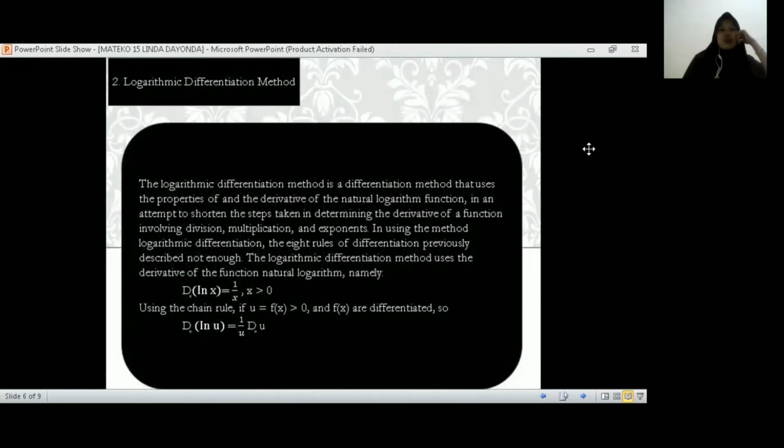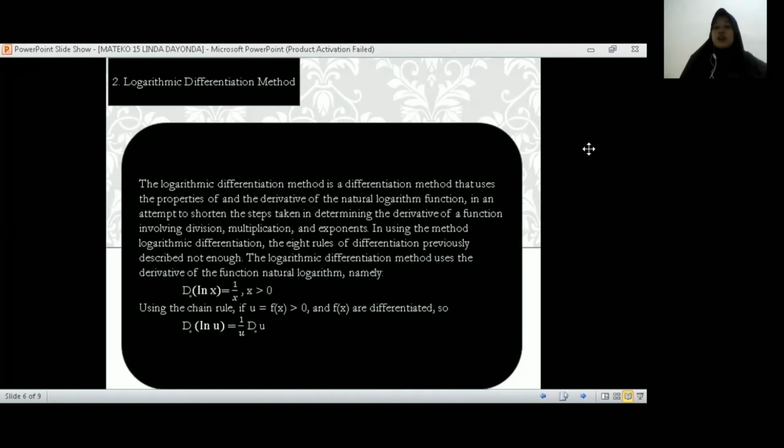Number 2, logarithmic differentiation method. The logarithmic differentiation method is a differentiation method that uses the properties and the derivative of the natural logarithm function in an attempt to shorten the steps taken in determining the derivative of a function involving division, multiplication, and exponents.